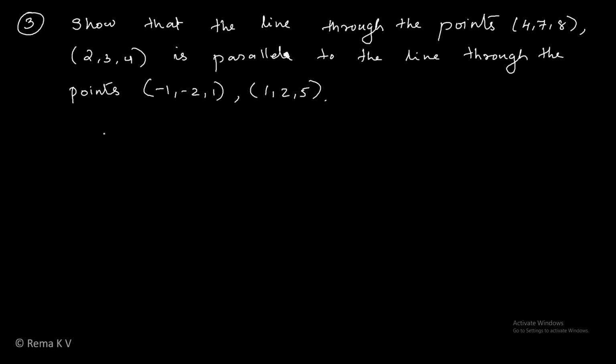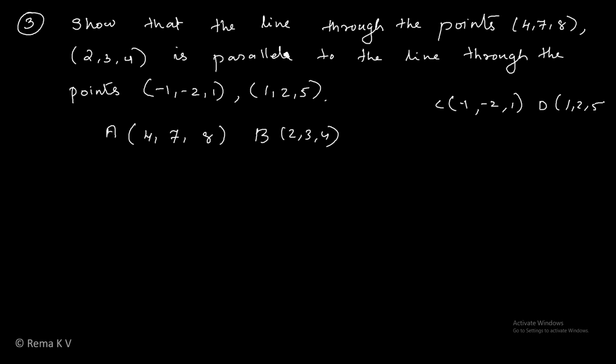So as in the previous case, we can take the first set of points as A, 4, 7, 8, then B is 2, 3, 4. Take C as -1, -2, 1 and D as 1, 2, 5. Find the direction ratios of AB and the direction ratios of CD.